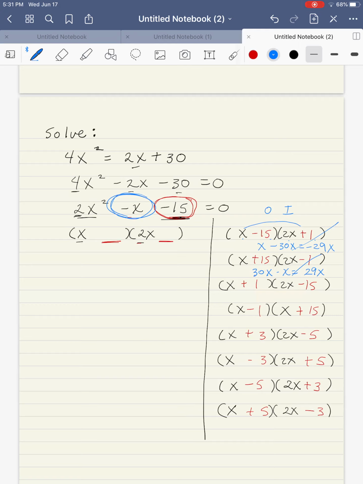So I really didn't need to do that one. Then I flip-flopped here, and I see that I can do my outer and my inner. That one didn't work, so I know that one's not going to work. It would have just given me positive 13x. So then we can try this next one.